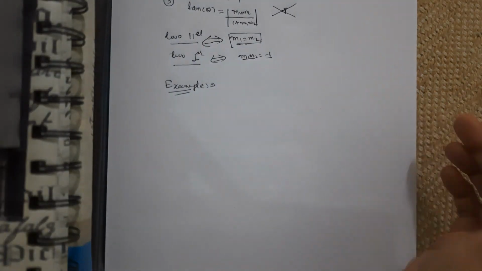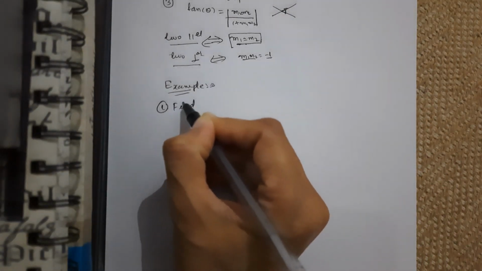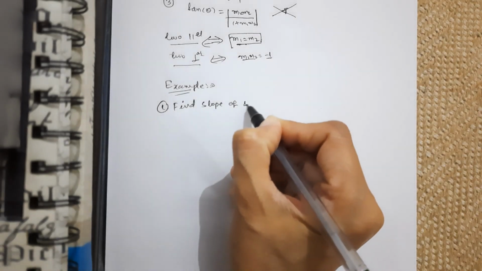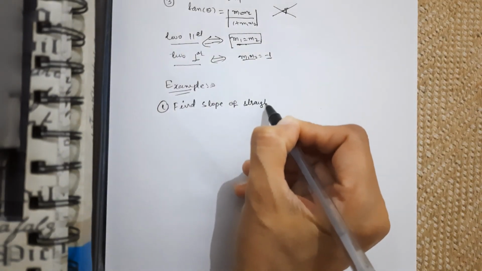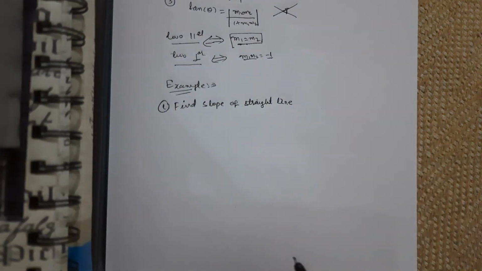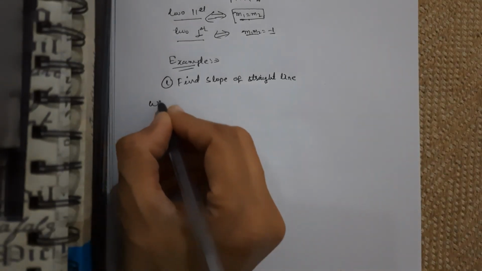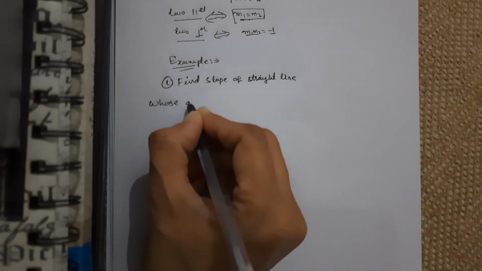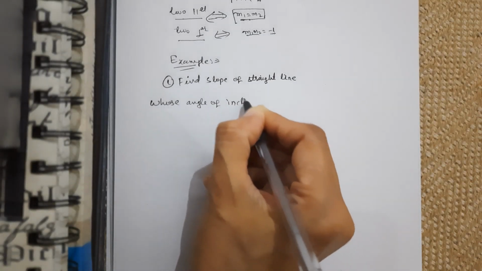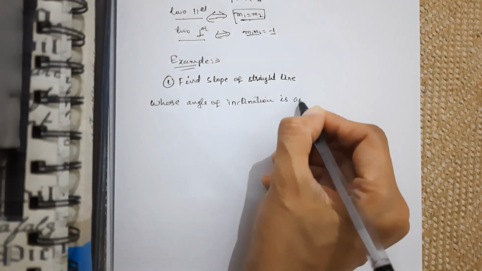The problem is: find the slope of the straight line whose angle of inclination is 60 degree.